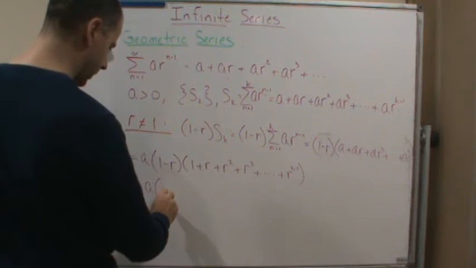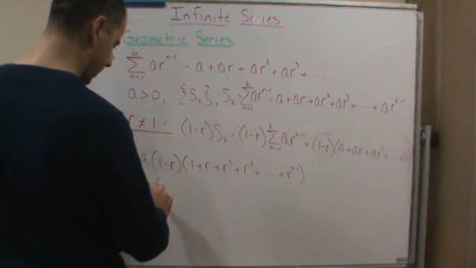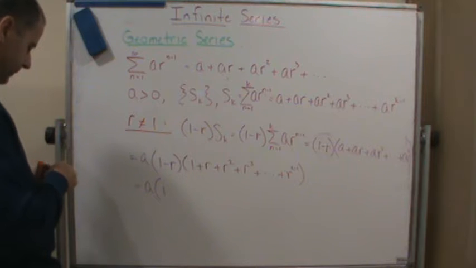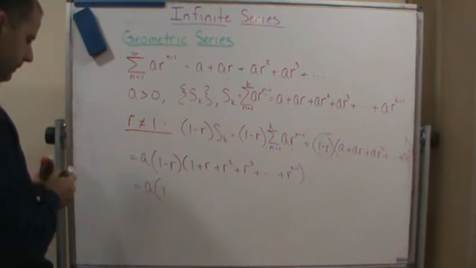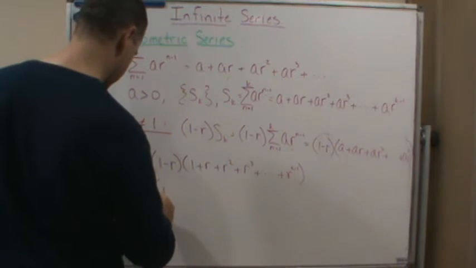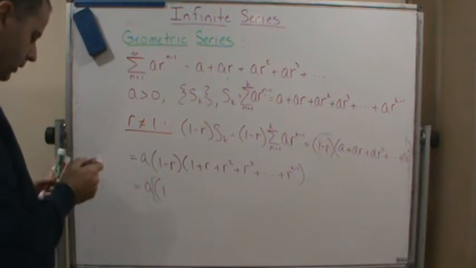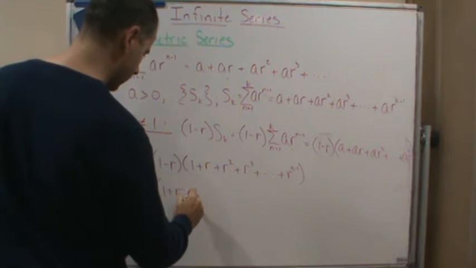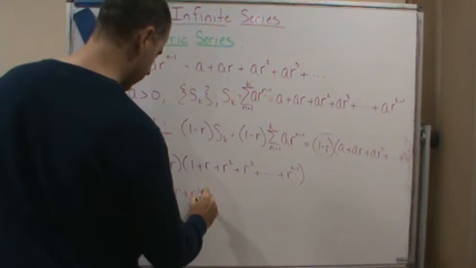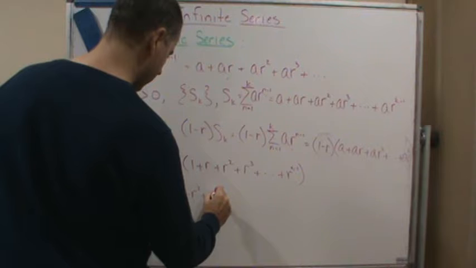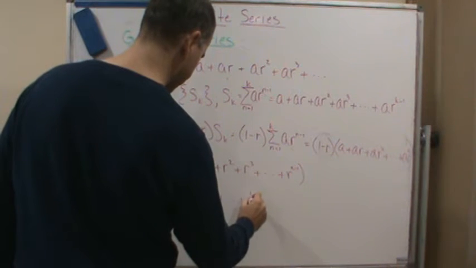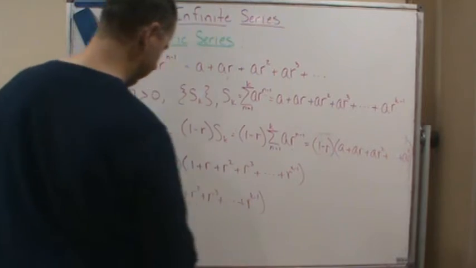Let's put this all in brackets. So I get 1 plus R plus R squared plus R cubed all the way to plus R to the k minus 1, right?